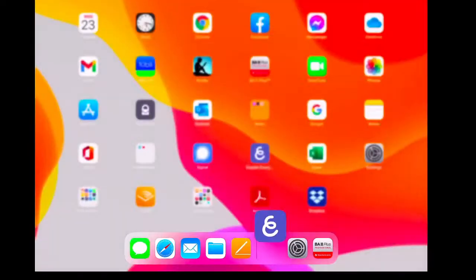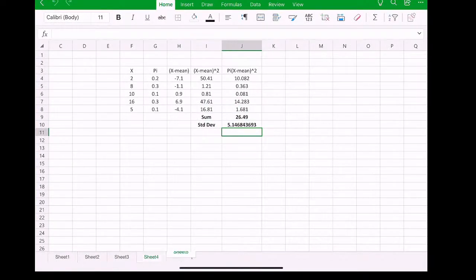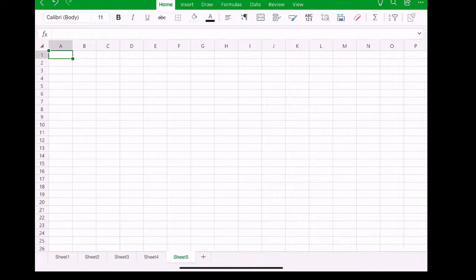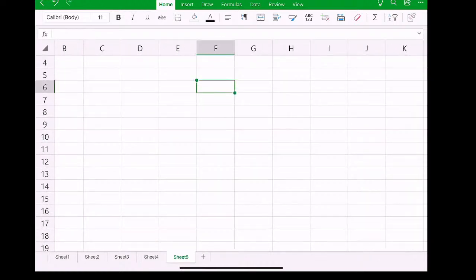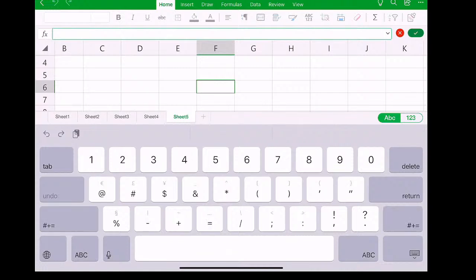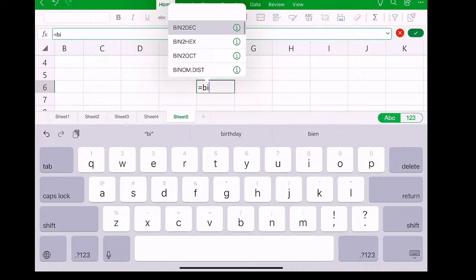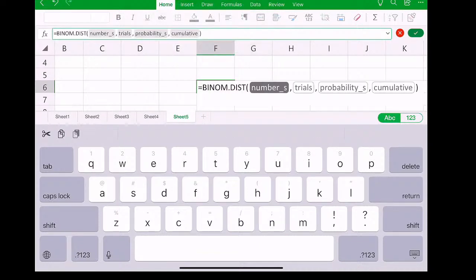So let's see if we can do that. Let's go to Excel. If I say equals binomial distribution, it asks me for which one I want.